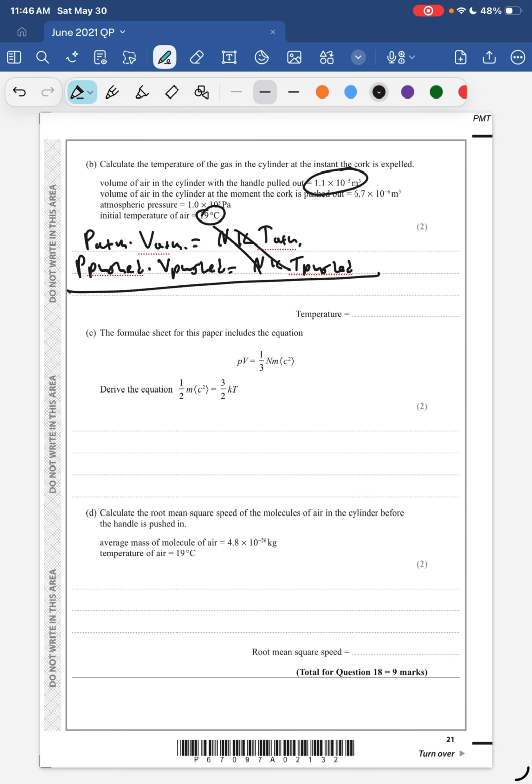Okay, so this was part B. Okay, part C, the formula sheet for this paper includes the equation PV equals 1/3 N times M times the average squared velocity. Okay, derive the equation 1/2 M times the average squared velocity is equal to 3/2 kT.